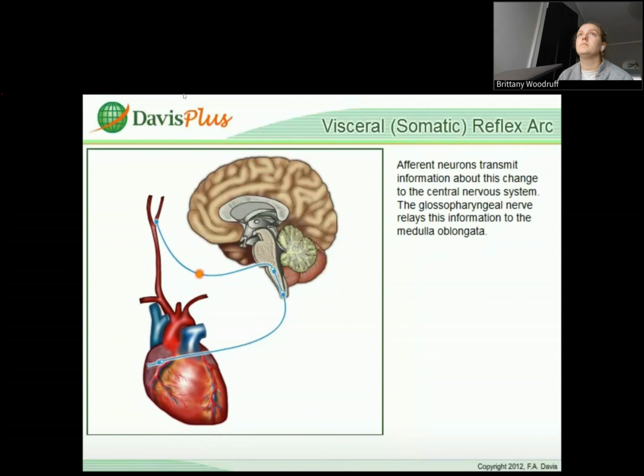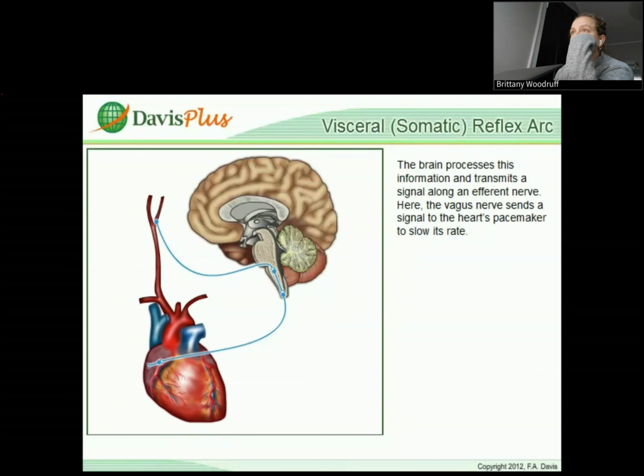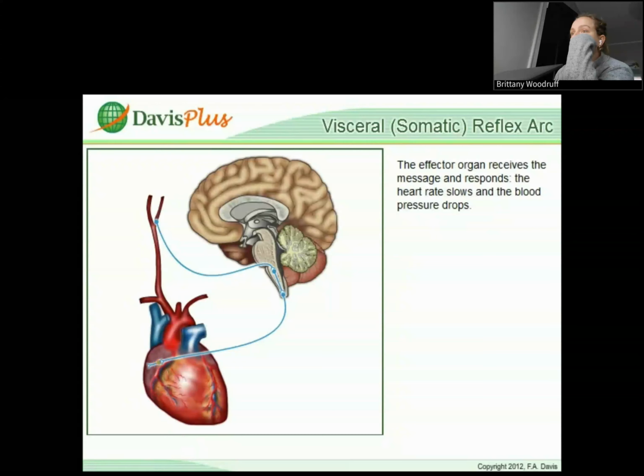Afferent neurons transmit information about this change to the central nervous system. The glossopharyngeal nerve relays this information to the medulla oblongata. The brain processes this information and transmits a signal along an efferent nerve. Here, the vagus nerve sends a signal to the heart's pacemaker to slow its rate. The effector organ receives the message and responds. The heart rate slows, and the blood pressure drops.